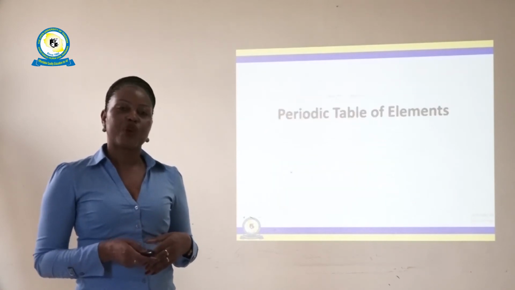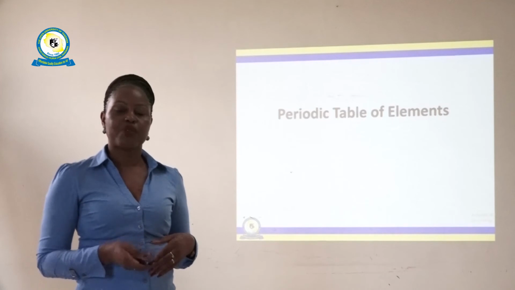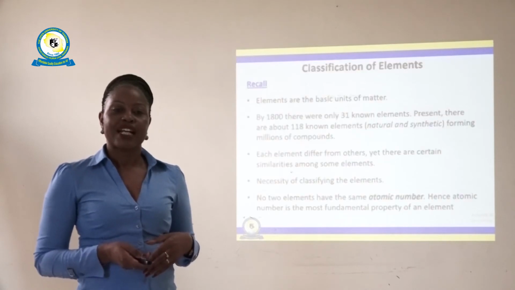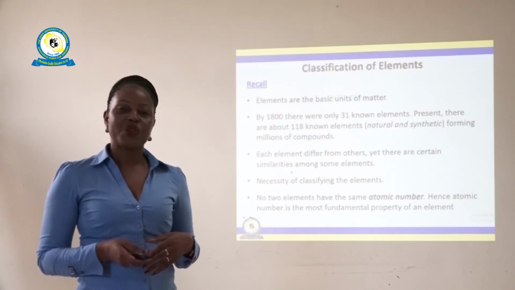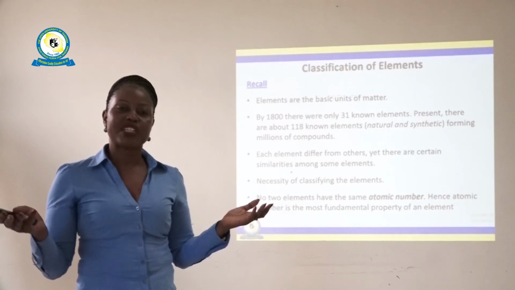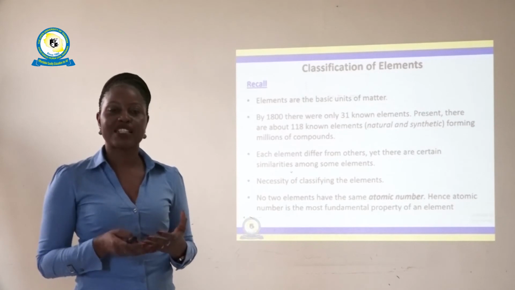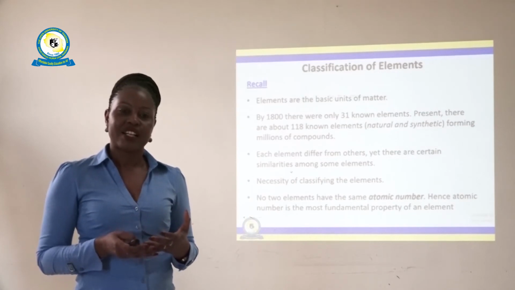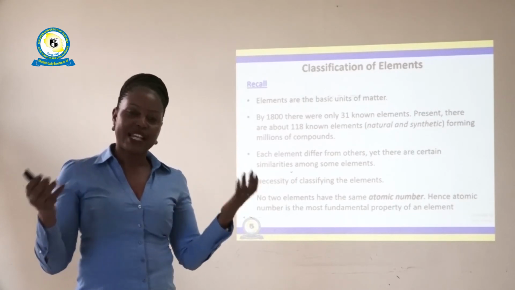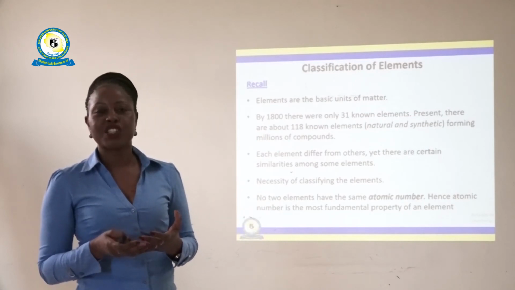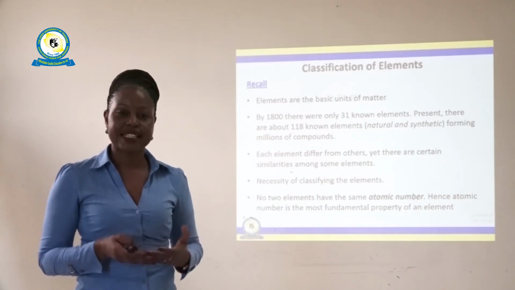Now let us move to our second part, which is the periodic table of elements. And we know that the establishment of the periodic table of elements came within the effort to classify elements. We know that elements are the basic units of matter, as we discussed in our previous lecture.